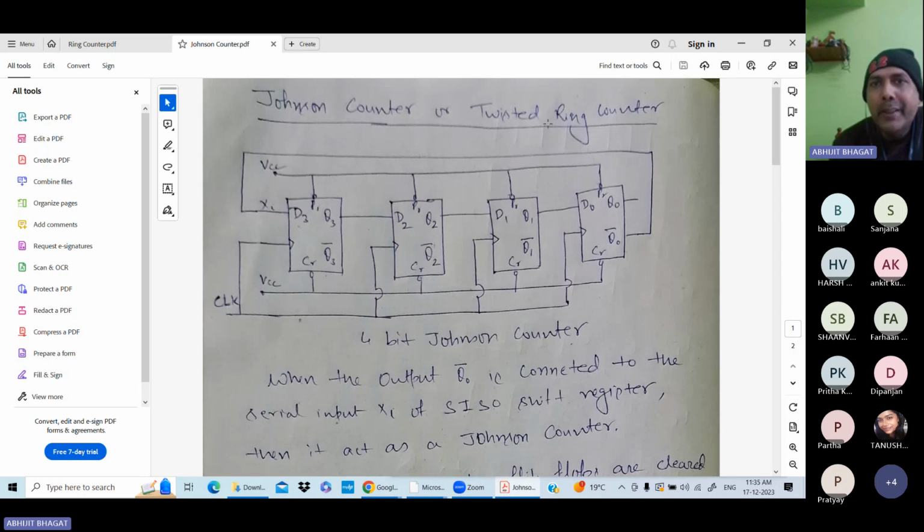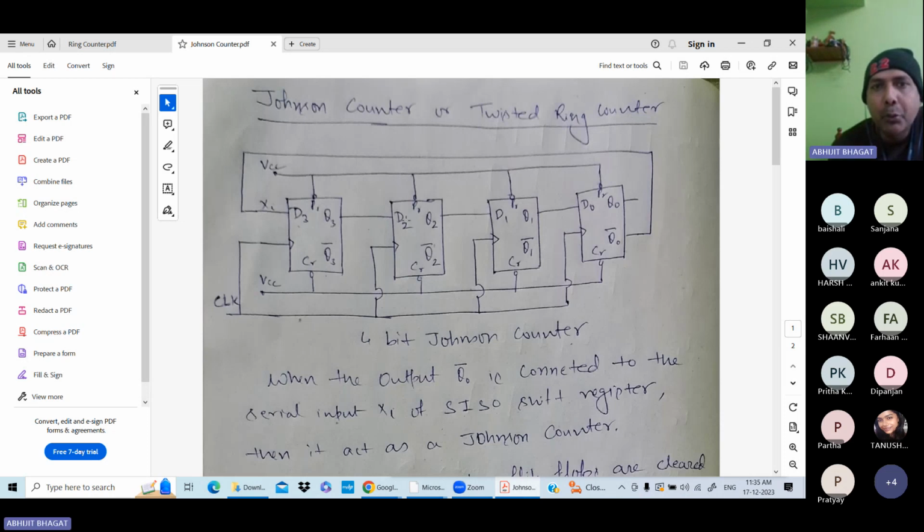Johnson counter or twisted ring counter. So for designing of the 4-bit Johnson counter you need 4 D flip flops, just like the previous time. Here the input of next flip flop is connected with output of previous one, as it was before.